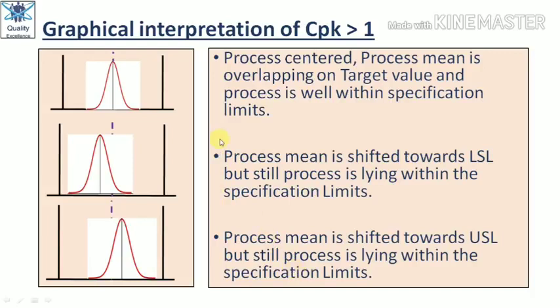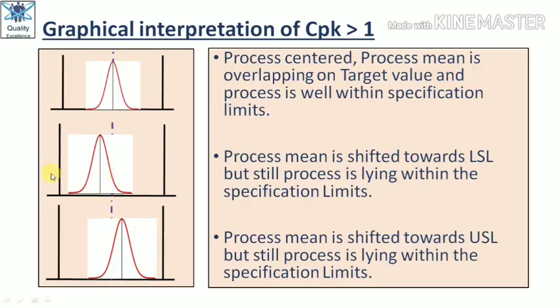Now let us see some scenarios where CPK will be greater than 1. You can see here the process mean is very well centered on the target line, and your process width is well within your specification limit. In this case, CPK will be greater than 1. The second scenario, the process mean is not overlapping on the target line. It is shifted towards LSL, but your overall total process is lying within the specification limit.